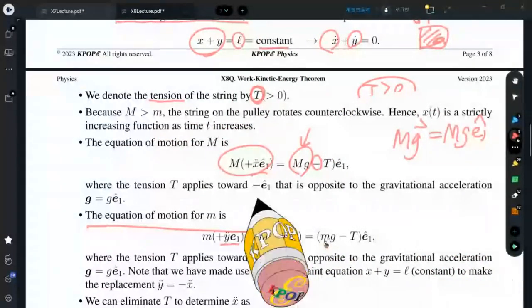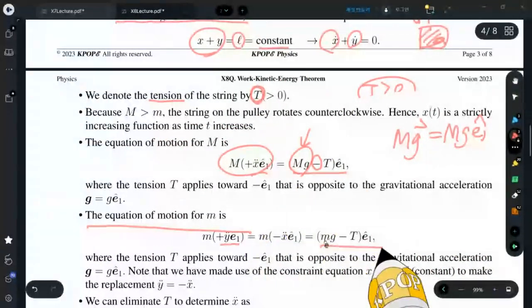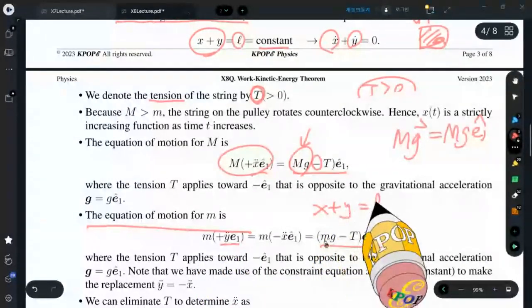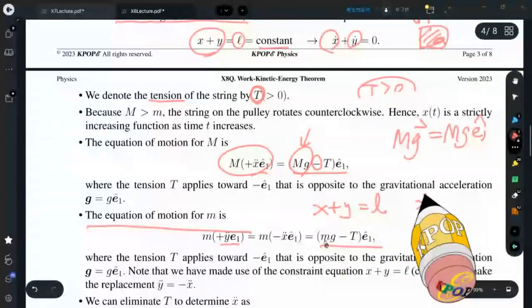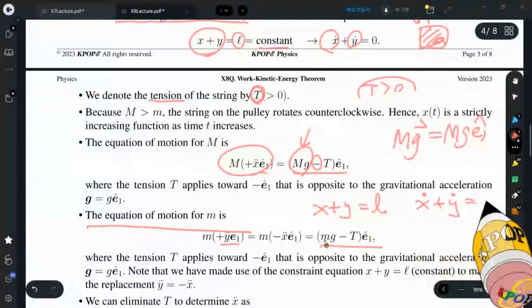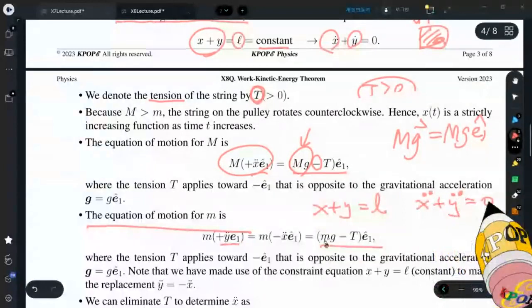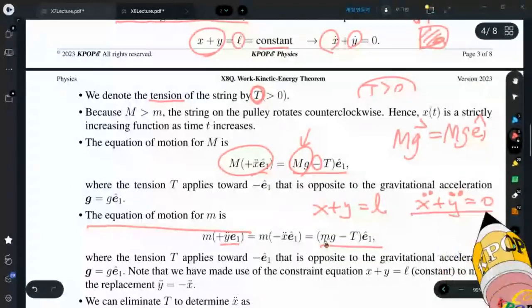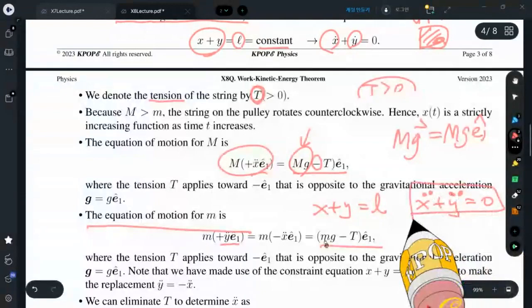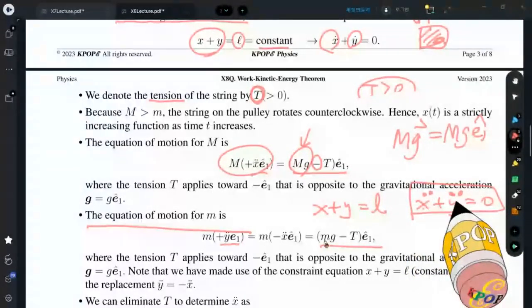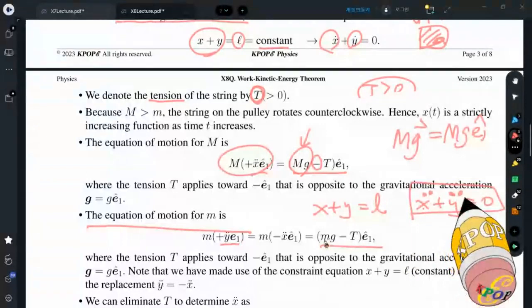The right-hand side has the same shape. However, we began with x plus y constant, so x dot plus y dot equals 0, and the second derivative is also 0. Because of this relation, x double dot and y double dot are additive inverses.